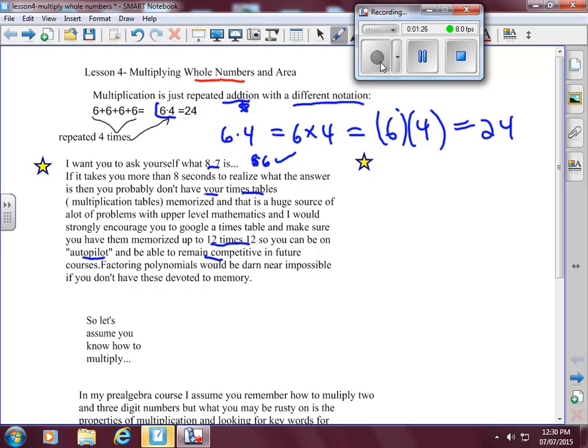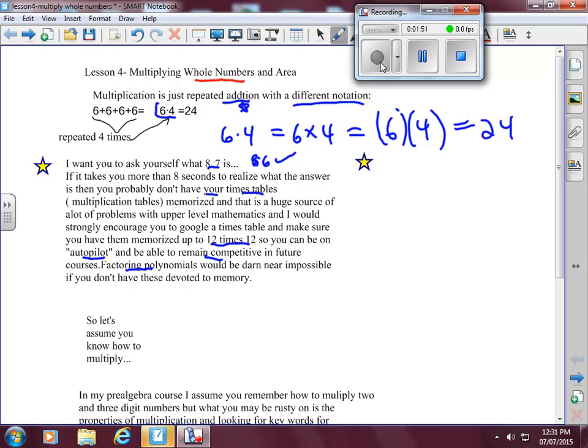Because when we head into algebra someday, and you find my beginning algebra course on iTunes, let's say, or my college algebra course, we're going to be factoring polynomials, and that is, excuse my French, darn near impossible unless you have those multiplication tables memorized. There are lots of things that become very difficult, even just division, without having the times tables memorized.